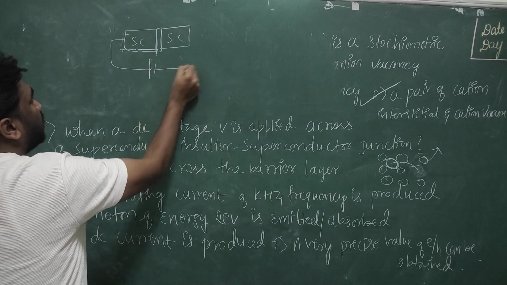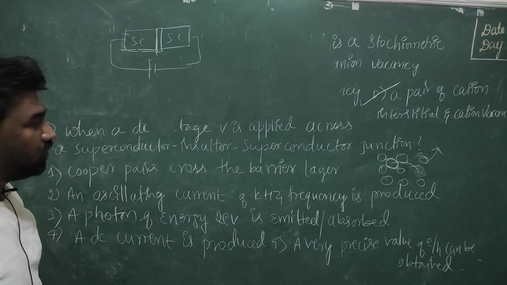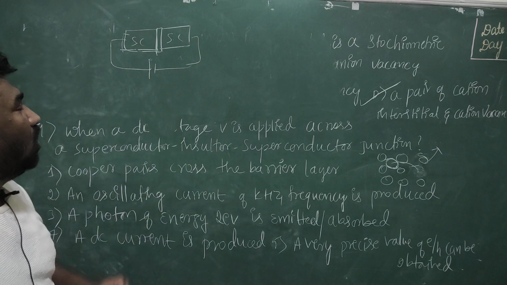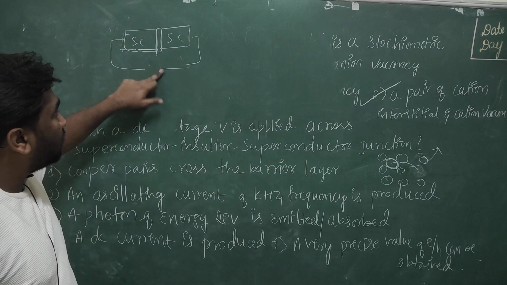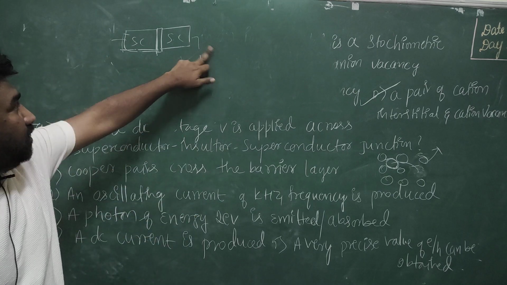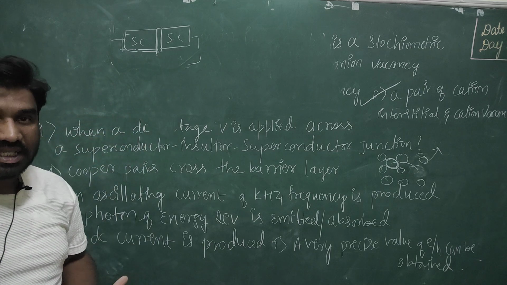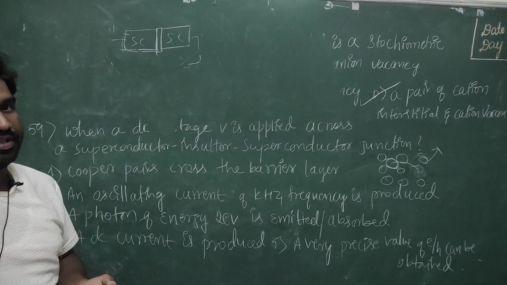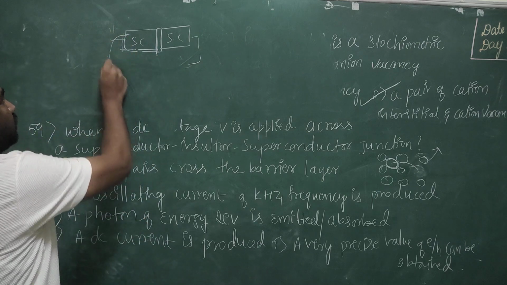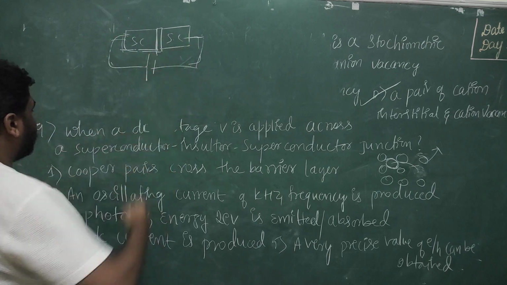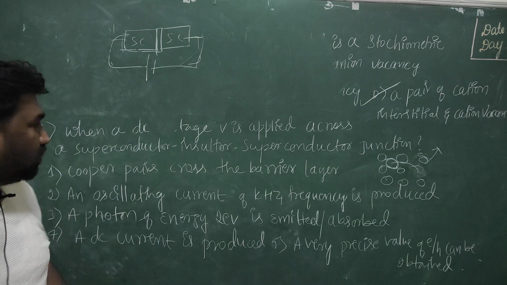If a DC voltage is applied, then this is called the AC Josephson effect. If there is no potential difference between these two superconductors, then that is the DC Josephson effect. So if we connect a battery or DC voltage, it works as the AC Josephson effect.